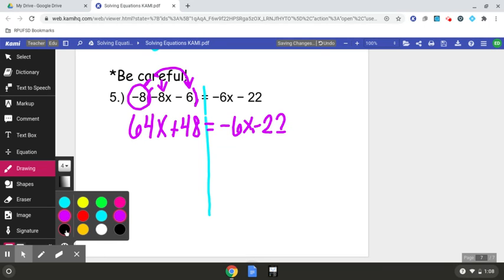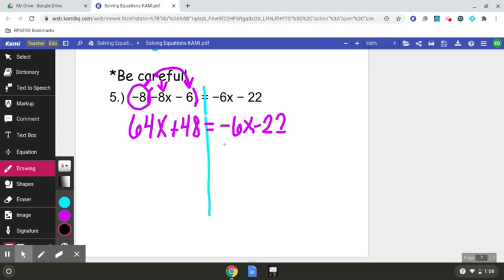Okay, so now we have x's on both sides. We have numbers on both sides. So I always like to say pick something that looks easy for you and you can move it, right? I also think a good method is to look at your variables first and move your smaller one. I always think it's easier to carry less. So 64 and negative 6. Negative 6 is way smaller than 64.